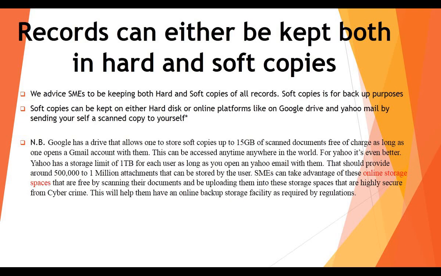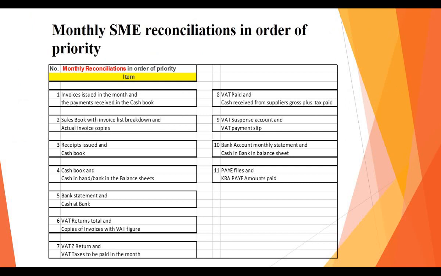Then you have monthly SME reconciliation in order of priority. If you have an invoice that was issued in the month and the payment received in the cash book, those must be reconciled. You'll say this is the invoice, you invoiced a customer, then what he paid, you record this was paid. So you have a reconciliation of that. Also have a reconciliation of the sales book with invoice list breakdowns and actual invoice copies.